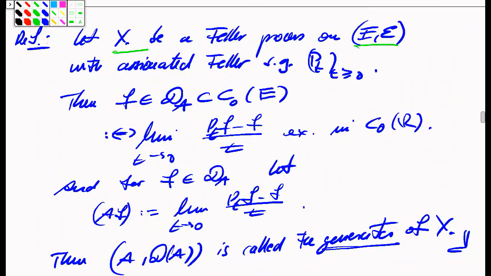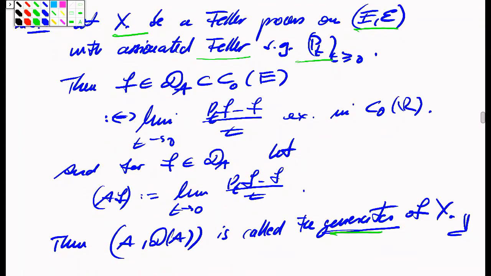It's not necessarily a Polish space, but that's just a side remark. So let X be a Feller process on a topological space such that the associated Feller semigroup has, in fact, the Feller property as a semigroup, and which then shall be denoted P_t. Then we shall introduce now the so-called generator of this process, which is defined as follows.